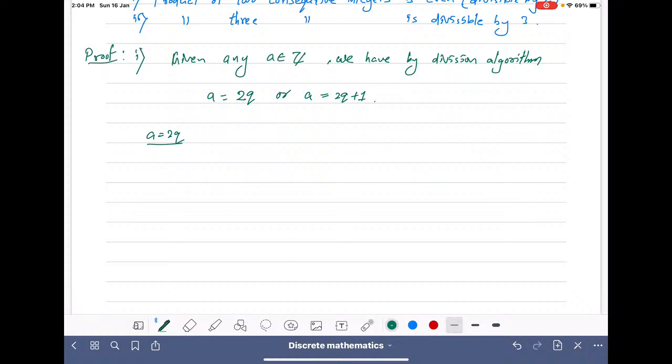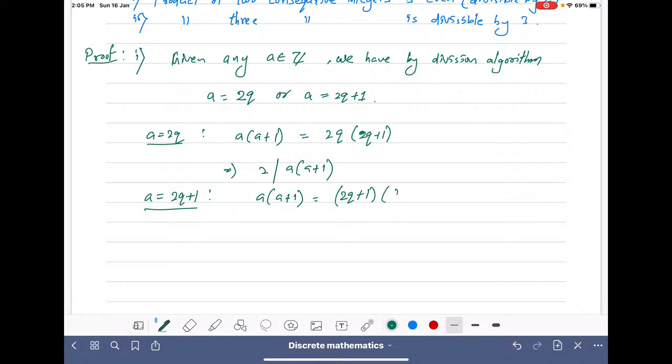When a is even, then a into a plus 1 becomes 2q into 2q plus 1, and this clearly says 2 divides a into a plus 1. When a equal to 2q plus 1, a multiplied by a plus 1 becomes 2q plus 1 into 2q plus 2, which again says 2 multiplied by q plus 1 and 2q plus 1.